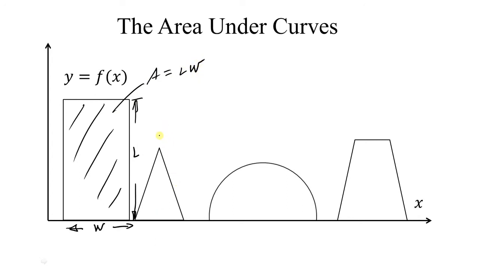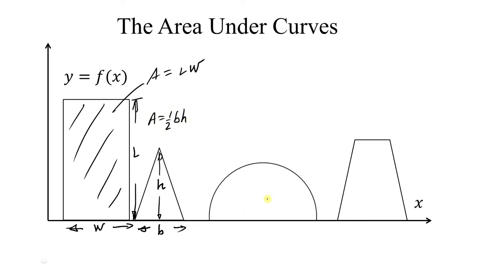The next figure, of course, is a triangle, and if the function here in the middle had a value of h, in other words, the height of the triangle were h, and the width here of the base of this triangle were b, then the area would be 1/2 the base times the height.